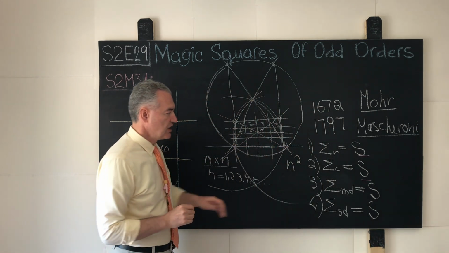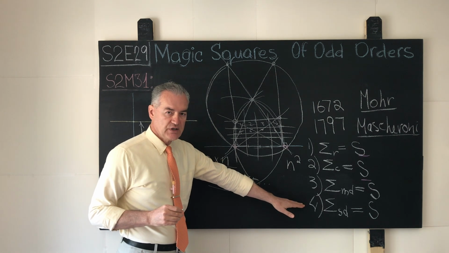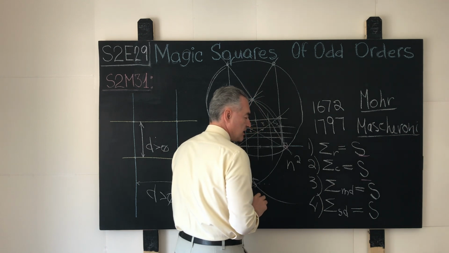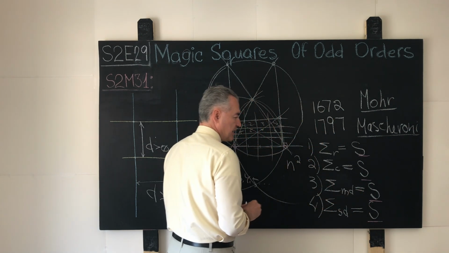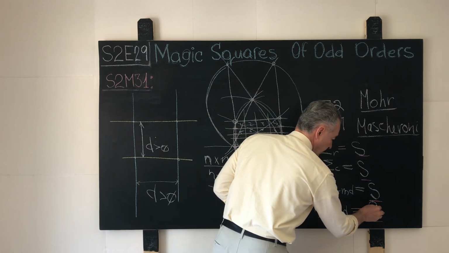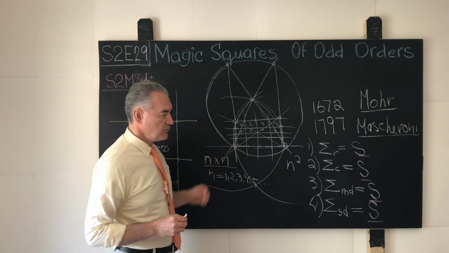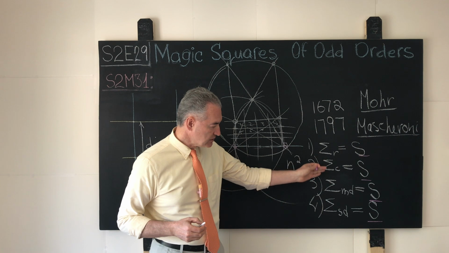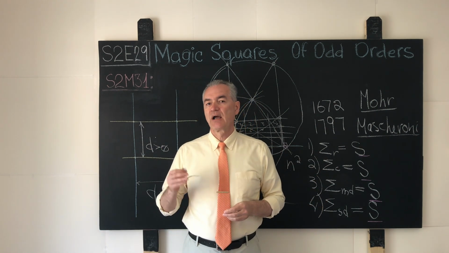In other words, the sums in all four conditions shown over here must actually be one and the same number s. Consequently, you may suspect that this number s has a special name, and it does. What is that number called? The number s that figures prominently in all four conditions is called the magic square constant.